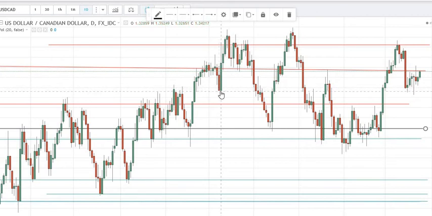Then from here it goes back up again to another resistance area, or oversupply zone, and bounces around there for a little while before it breaks and comes back down to another support zone down here.